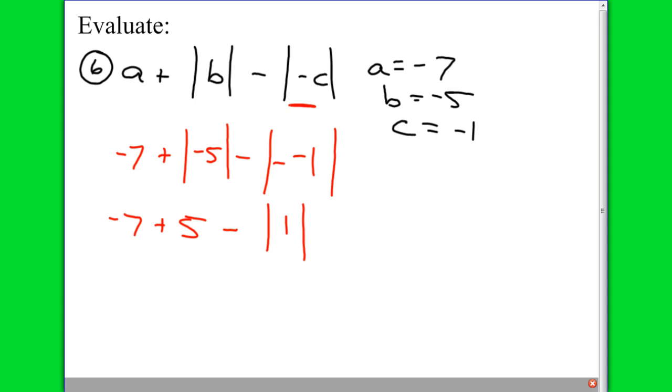And so sometimes people say, you know, add the opposite. We'll say that a lot this year. When you have a subtraction, you can always add the opposite. Okay, and now we still have one more absolute value to simplify, so bring this other stuff down. And what is the absolute value of 1? It is 1. Now, I have kind of a simplified expression, but I see subtraction here.